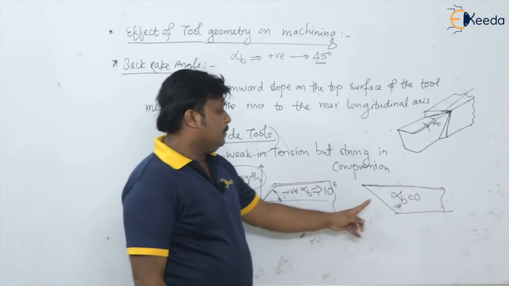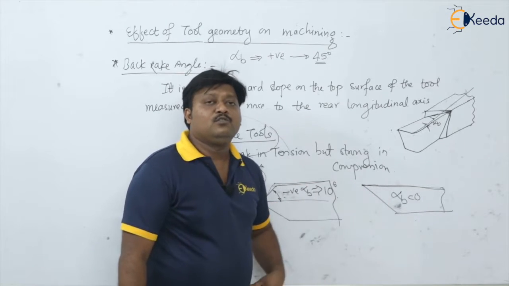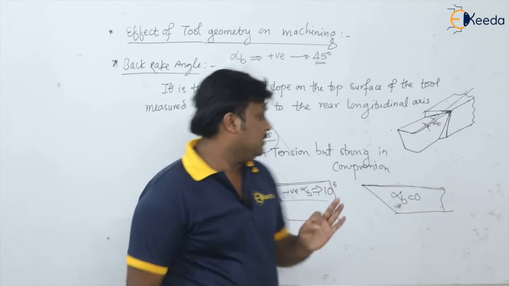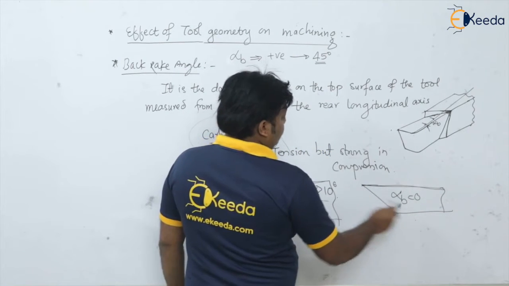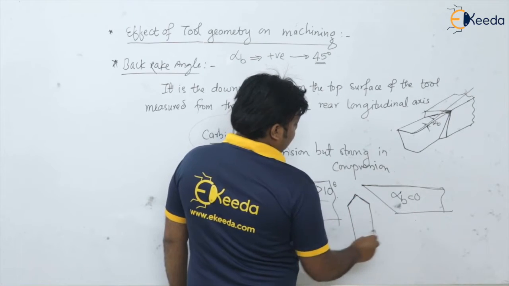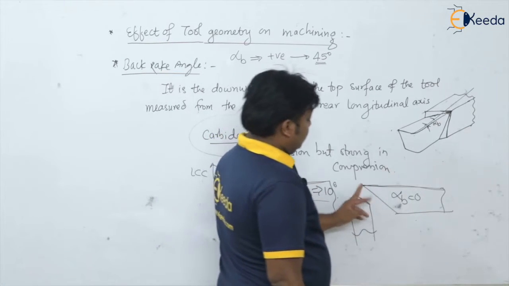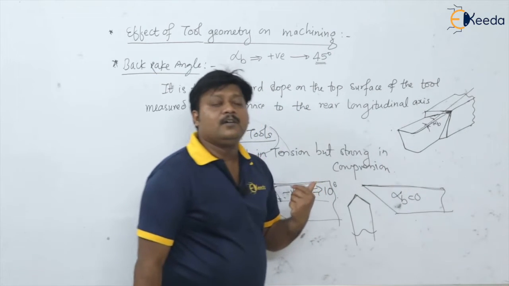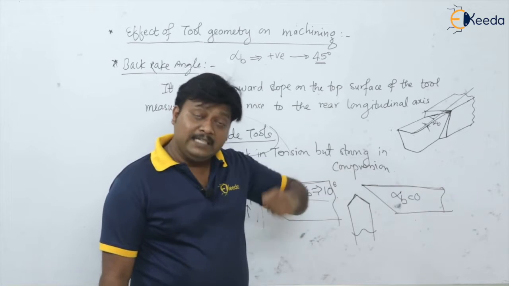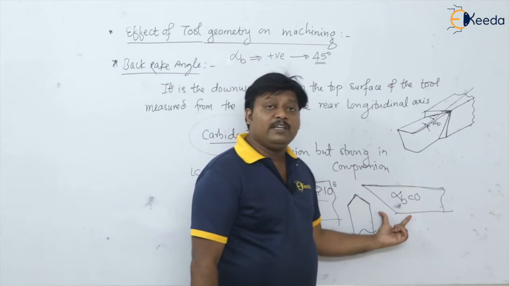So where to use this back rake angle as 0? Please remember, in the case of thread cutting operation, if you have seen the tool of a thread cutting operation, it will look like this only. Okay, so it will look like this, zero rake angle. So in thread cutting operation we are using this tool with the zero rake angle.